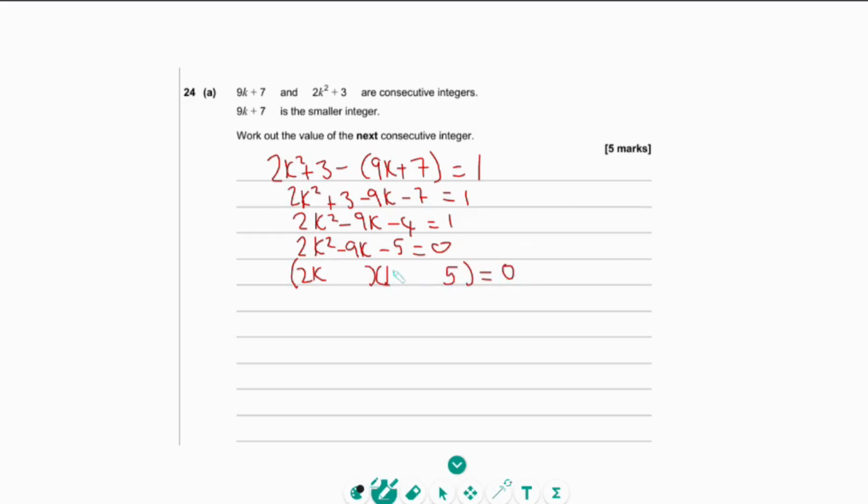So it comes from a 2k and a k and a 5 and a 1. I suspect they're this way round and it's a minus and a plus. Yeah, that works. 2k squared minus 10k plus 1k minus 5. So either k minus 5 equals 0, in which case k equals 5, or 2k plus 1 equals 0, in which case 2k is minus 1, k is minus a half.